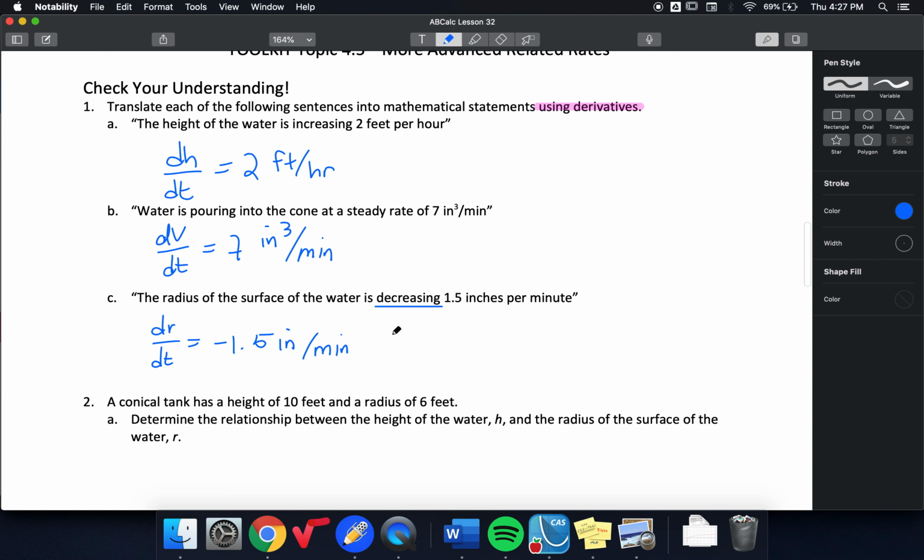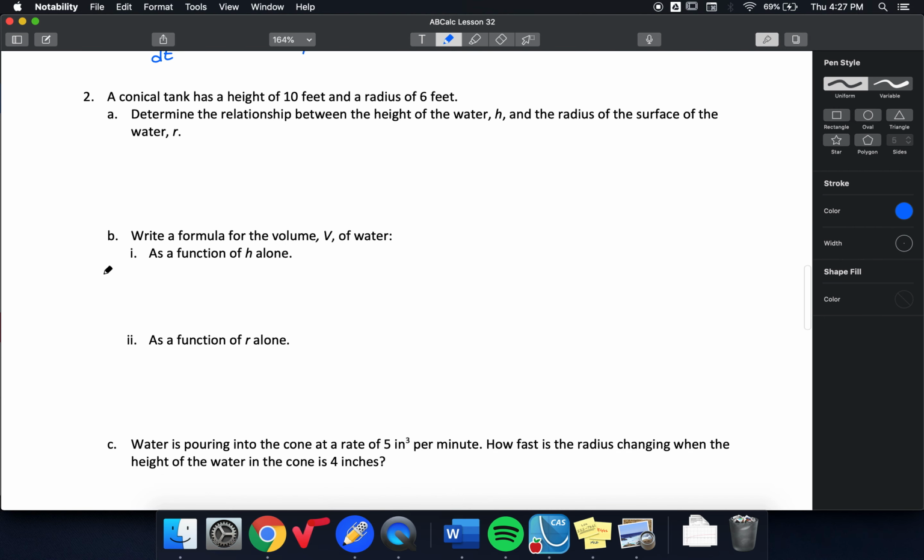All right, a conical tank has a height of 10 feet and a radius of 6 feet. I'm going to go ahead and make a sketch. There's my cone, a radius of 6, a height of 10. Determine the relationship between the height of the water and the radius of the surface.